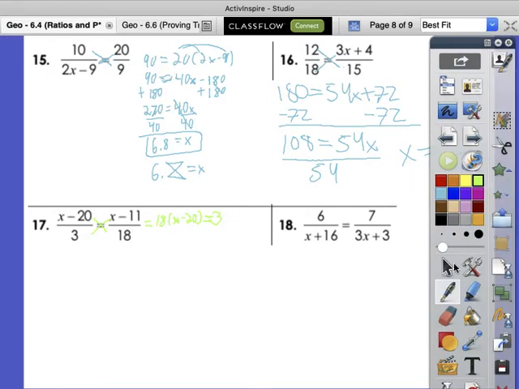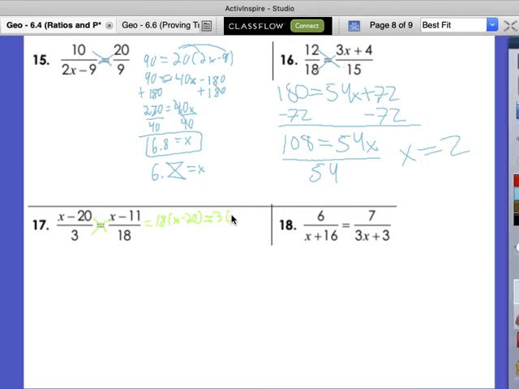Okay. 3 times the quantity of x minus 11. So that would be our first step, is just to set up the fact that we are going to distribute this through our cross multiplication.